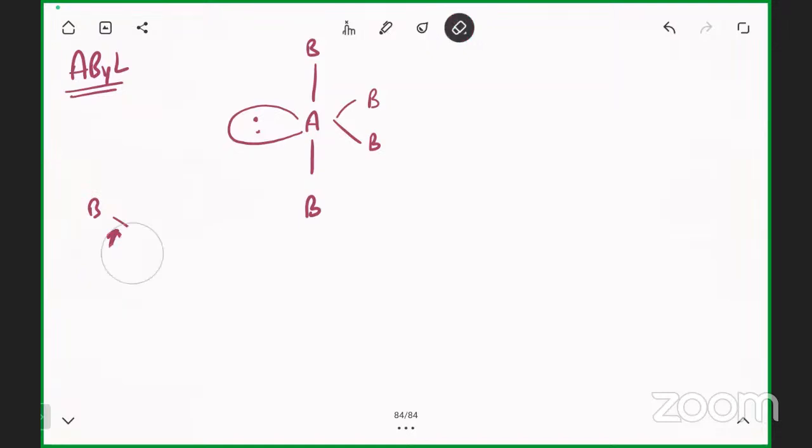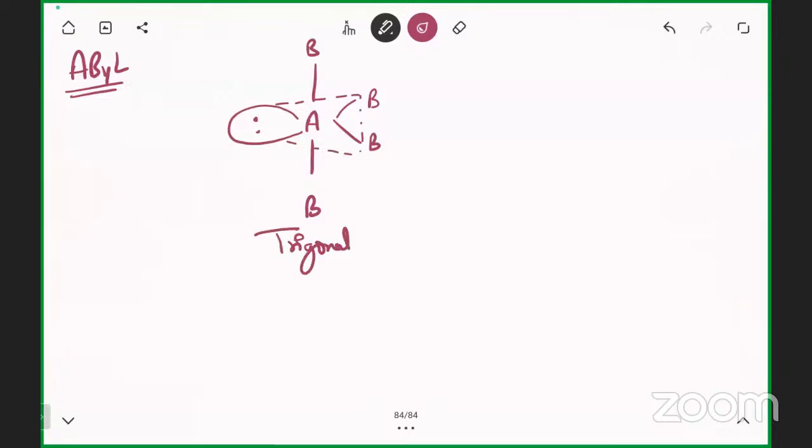In this condition, this sort of geometry is known as trigonal bipyramidal. The geometry will be trigonal bipyramidal.